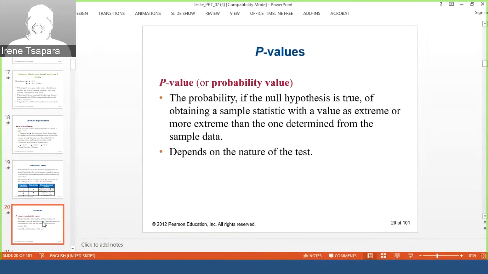P-values. What do we call p-values? P-values, or probability values, is the probability that the sample statistic is at the extremes.